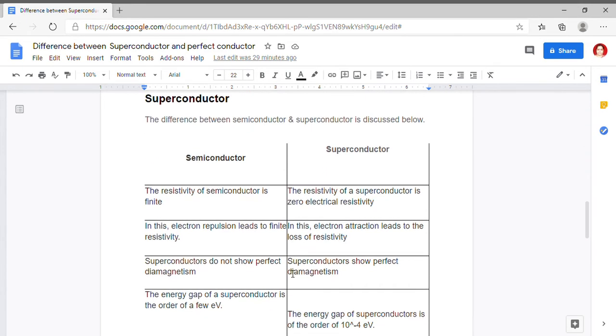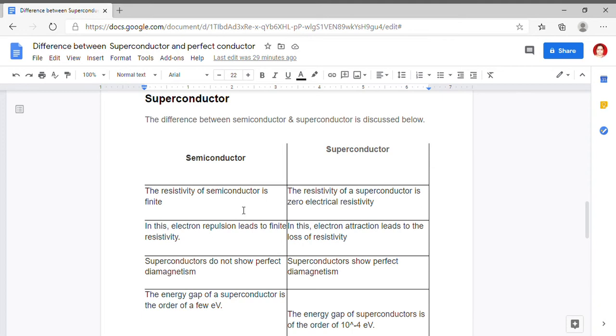In semiconductor, there are electrons. There will be repulsion between the electrons as like charges repel. So there will be a finite resistivity because of flow of electrons.